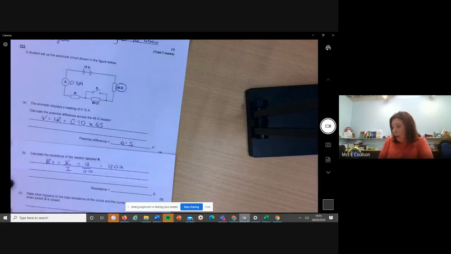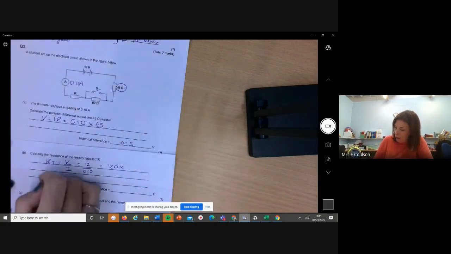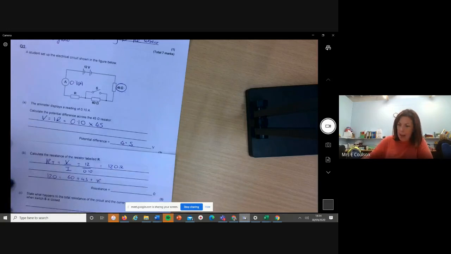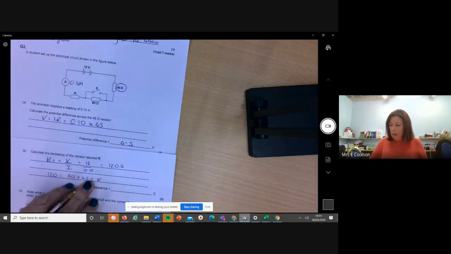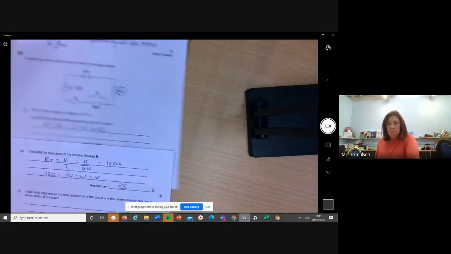So we know that we've got a total resistance of 120 ohms, and that's made up of 45, 60, and R. So 120 equals 60 plus 45 plus R, so I will do 120 take away 60, take away 45, and that will tell me what R is. And it ends up being 35 ohms. Okay.